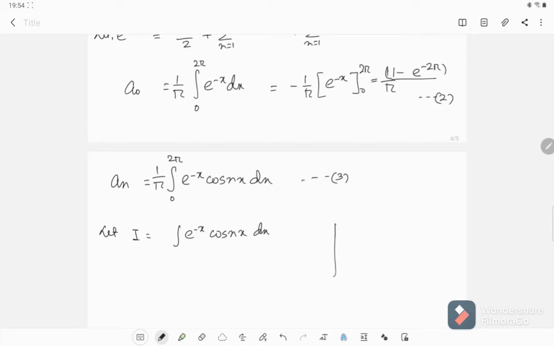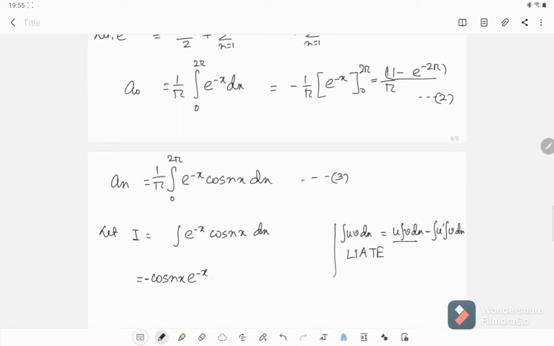So let's remember another thing, the integration by parts, which will give you u times the integral of v dx minus the integral of u dash, that is the first derivative of u, times the integral of v dx, right? And another thing you should remember is LIATE: log, indices, algebra, trigonometry and exponential. So I can write, cos of nx will come out of the integration, and I can solve the integration of e to the power minus x. This is the thing.